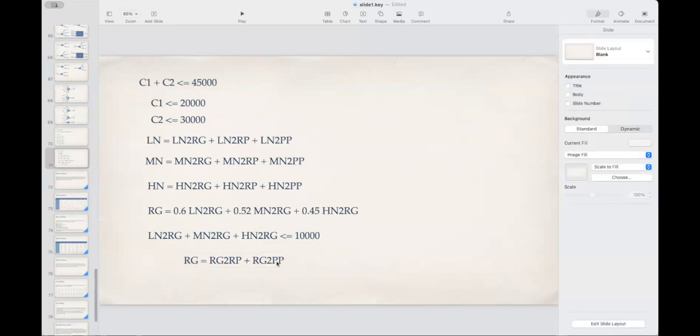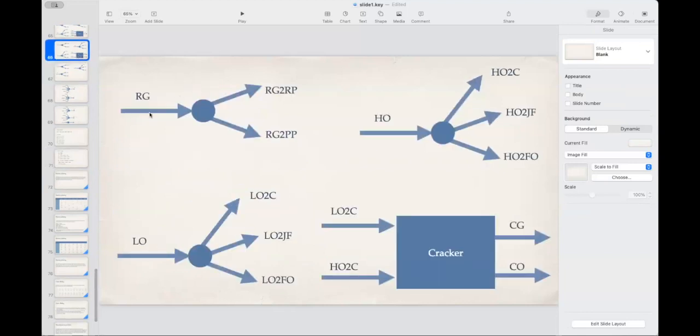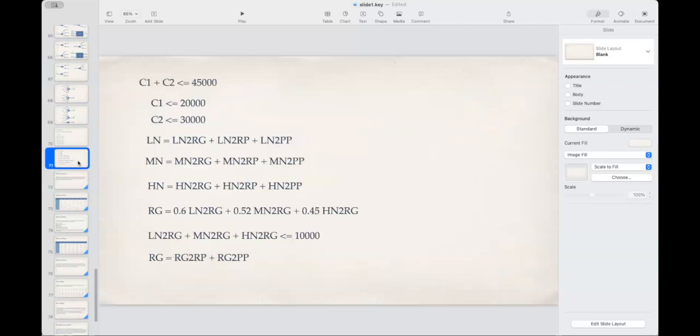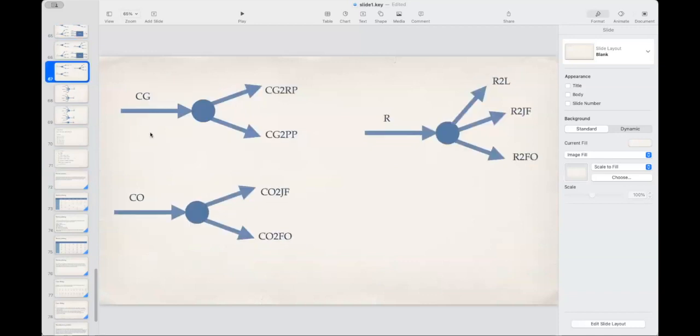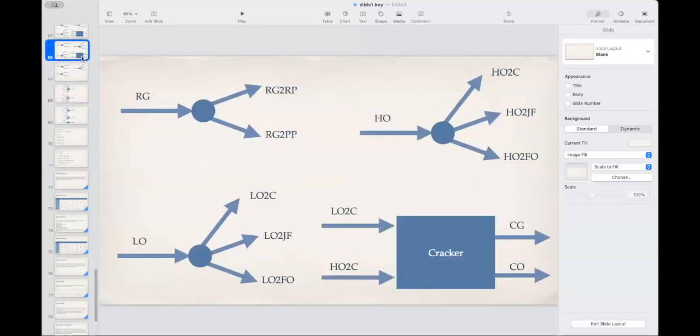This must be an equality constraint, because all the Rg we produce must be sent to blend, to produce regular petrol or premium petrol, just that. Yes, what else? Yeah, it's done. And then we move to LO, right?